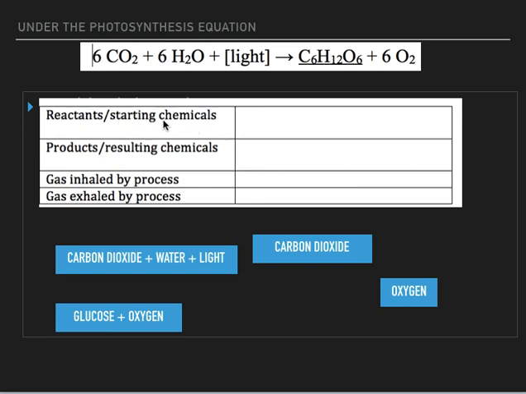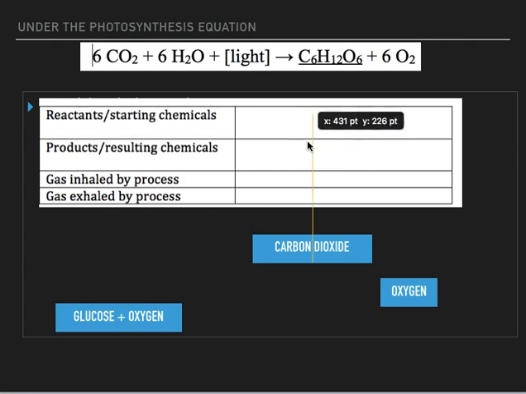Reactants, those are your starting chemicals. So the arrow tells you how to read it, and in English, we read from left to right. Now understand if your native language is Oriental or Arabic, you read the opposite, and that makes it harder. But we're going from left to right. So the starting chemicals are this.